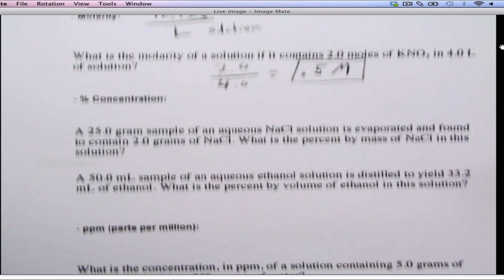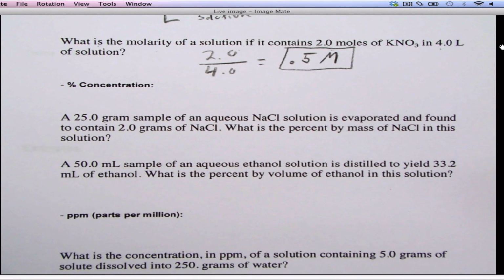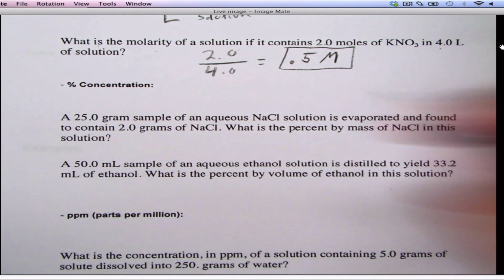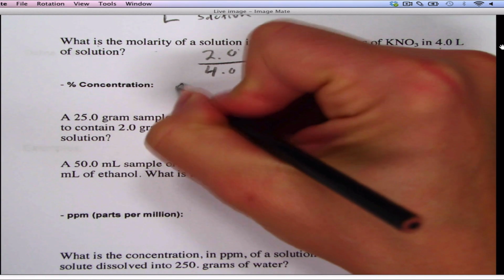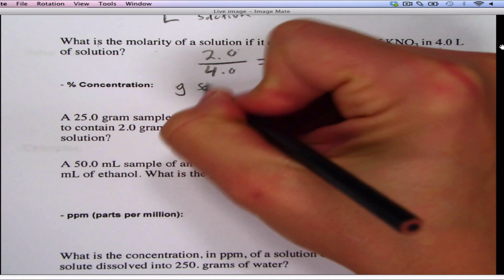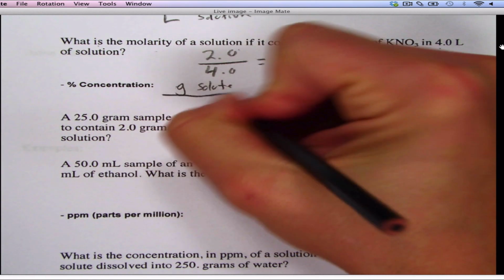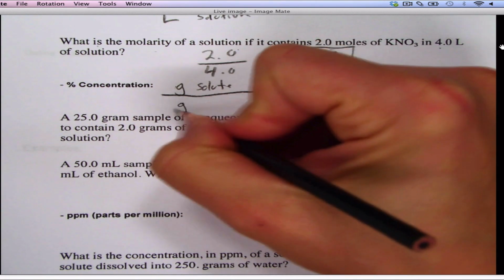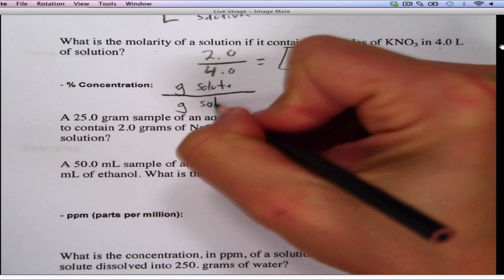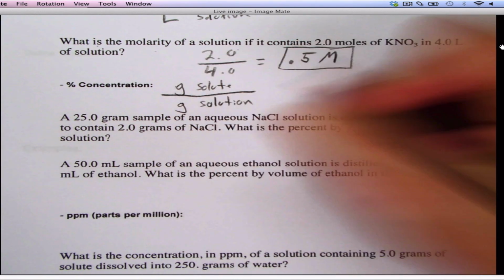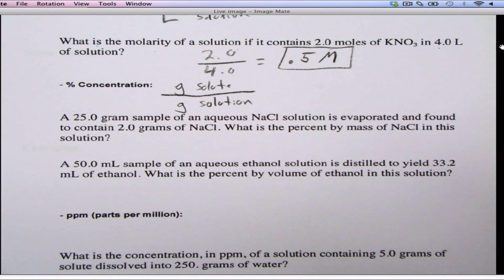Then we have percent concentration. Percent concentration goes like this: the mass of the solute, so grams of the solute, over grams of solution.